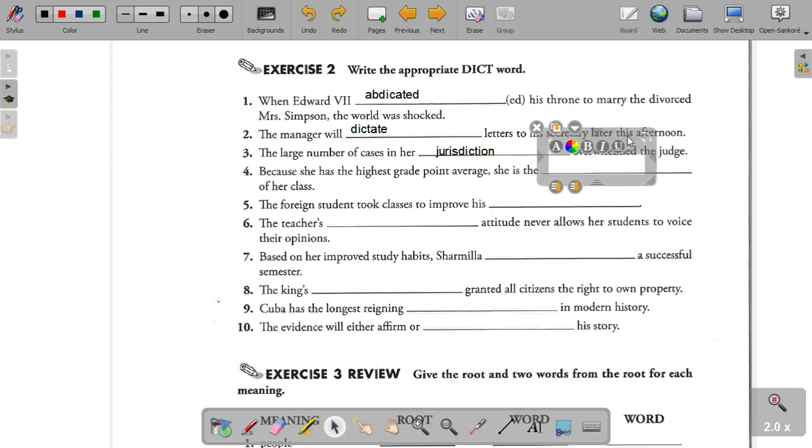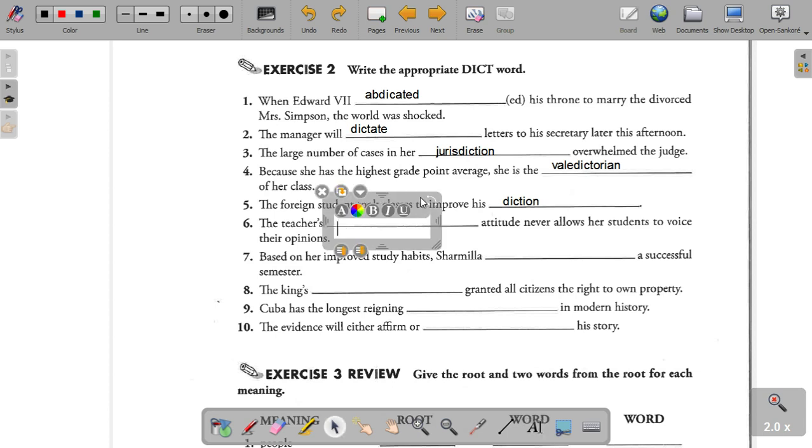Because she had the highest grade point average, she is the valedictorian of her class. The foreign student took classes to improve his blank, and in this case we're looking for his ability to speak well, or his diction.